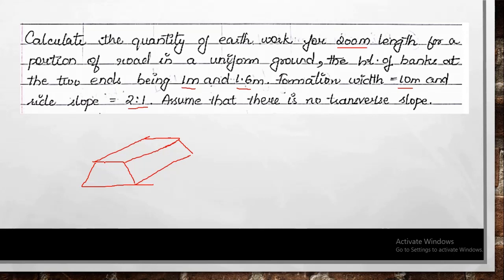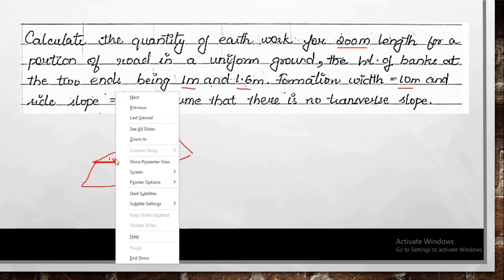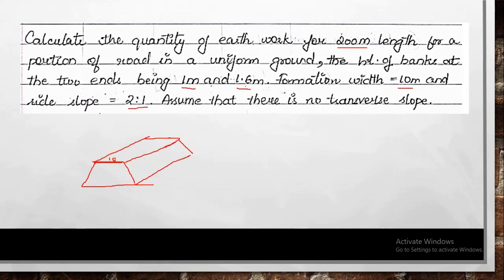Right, so in this picture or in this question, the top surface will be the formation width, 10 meter, then the two ends being 1 meter. The height of the banks at the two ends, one end is this side and the second end is on the back side.